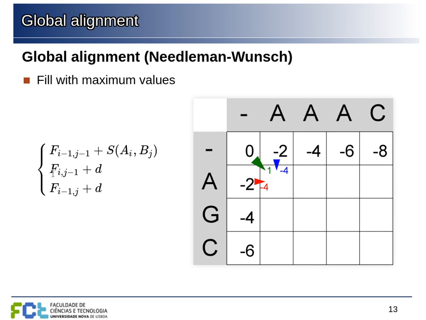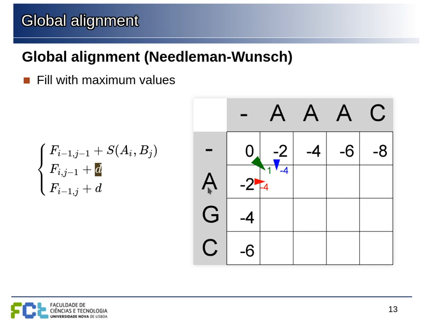The other possibility would be to consider everything up to position i on one of the sequences, but leave us at position j-1 on the other sequence. So we would come from here, because we would have to have a gap so that we would not have considered this residue here before, and then we need another gap, because now we're going to leave one element out on this sequence too.